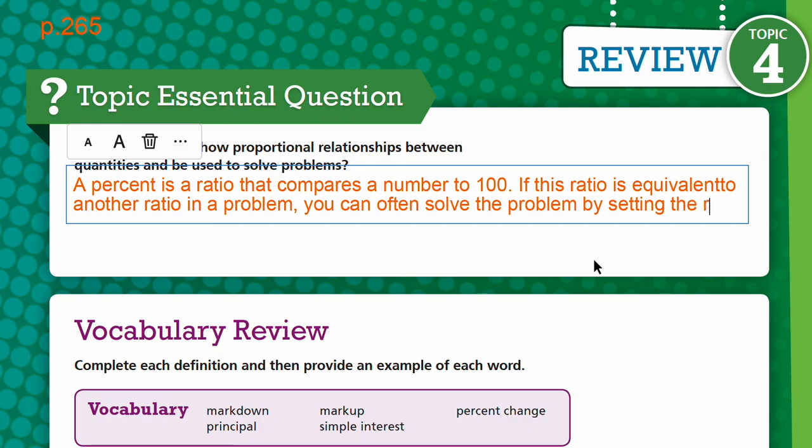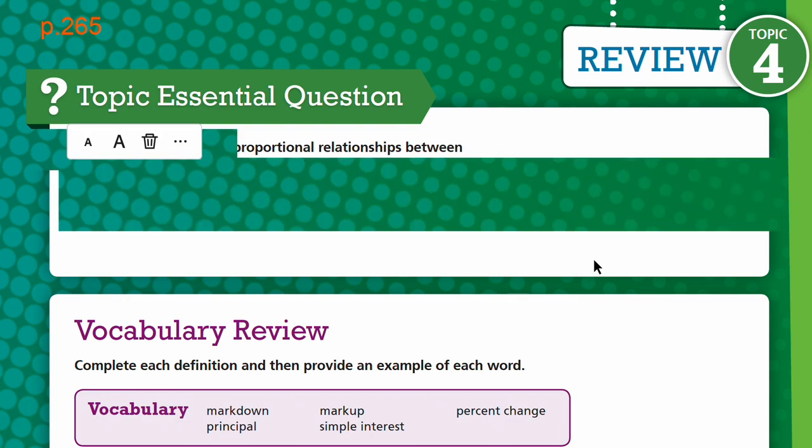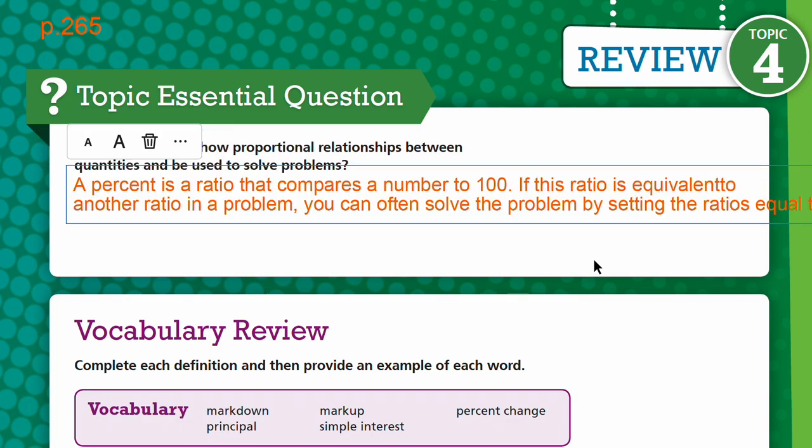We looked at problems involving tips. Commissions are when you are part of the sales team and then you get a percentage of the total sale. And then fees, percent increase and decrease, percent error.